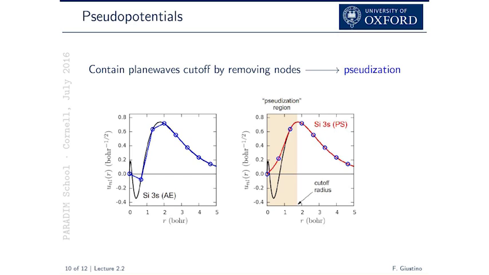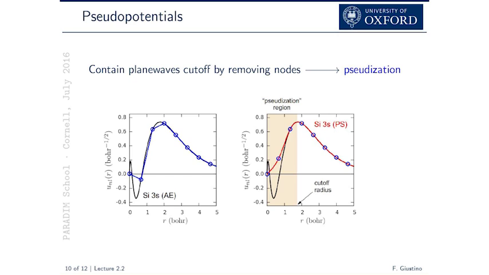So we are cutting through the nodes, and we are messing up the wave function. That's really not a good thing. In terms of plane wave cutoff, that means that in order to describe these things, you may need a kinetic energy cutoff of the order of maybe 100 Rydberg or 200 Rydberg or 300. So the calculation becomes very, very time consuming.